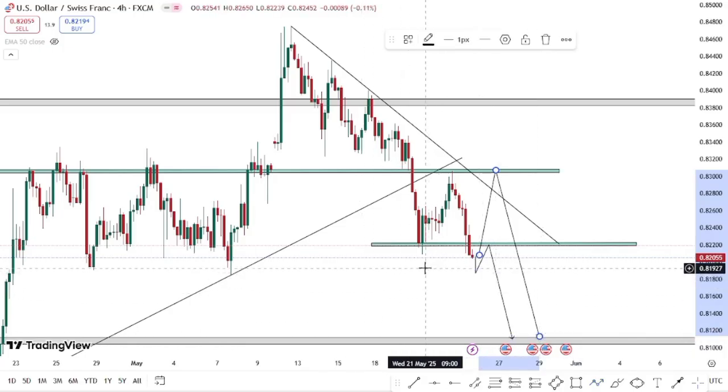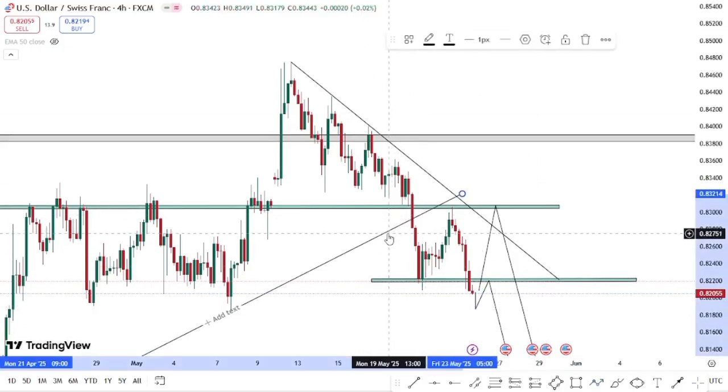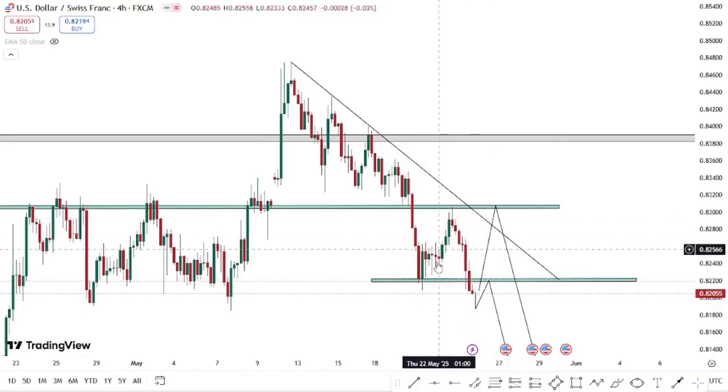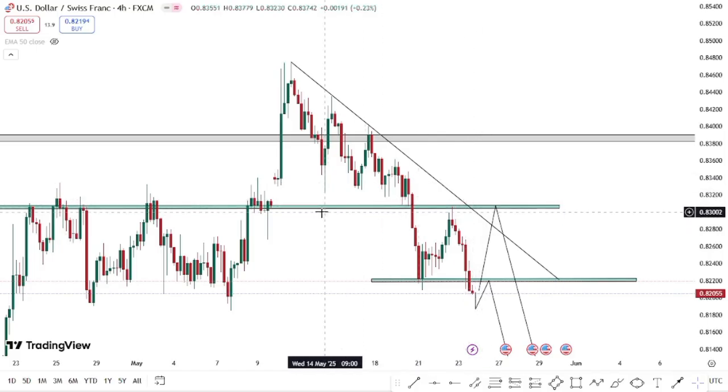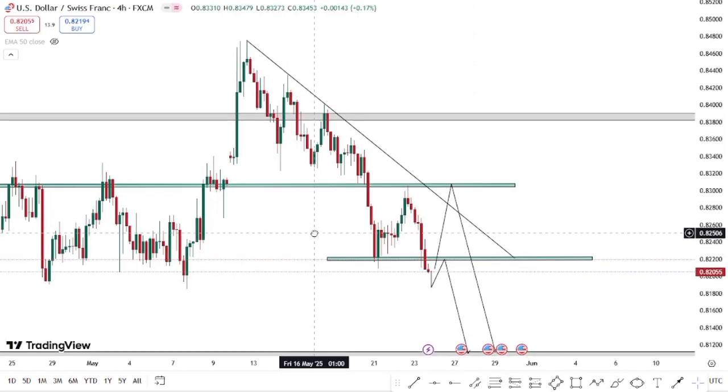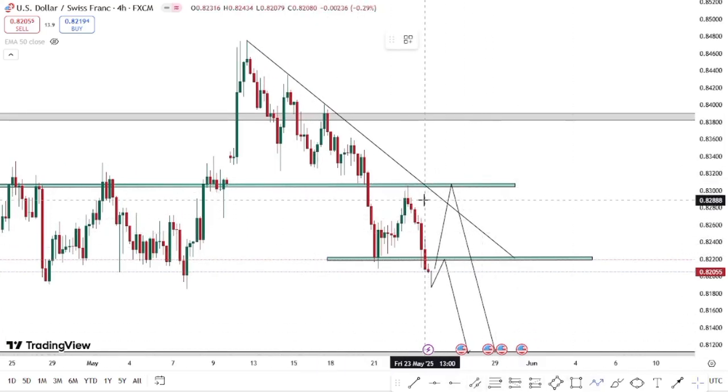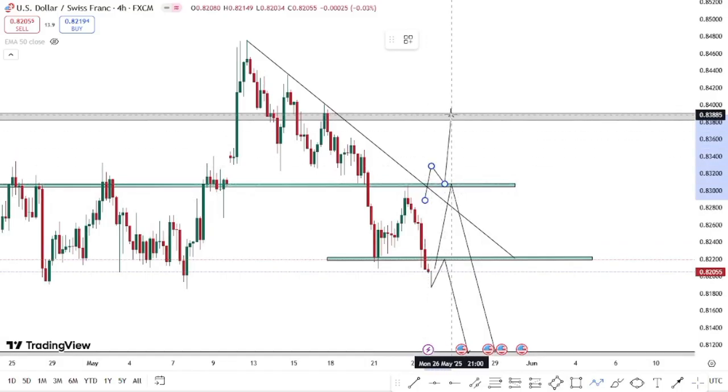But if in case that doesn't happen and USD CHF decides to break this particular trend line or this minor resistance bar I put up here, you go down to the 1 hour time frame, look for a kind of pullback into this zone, then you take out your profit targets at this particular high right here.